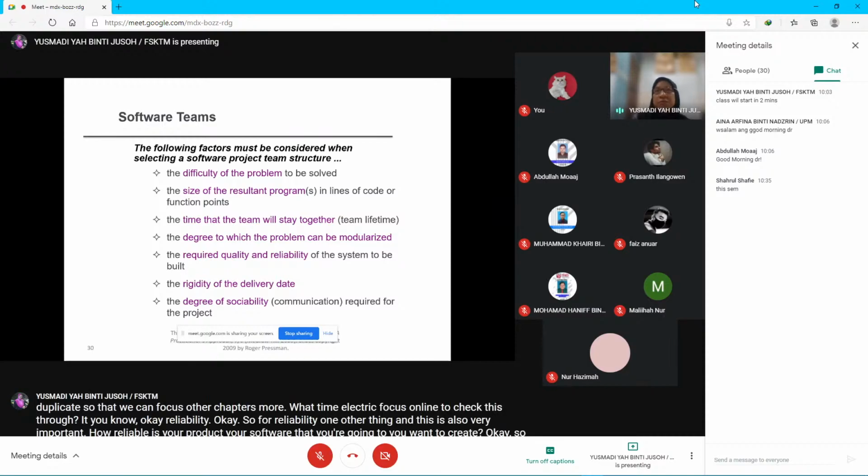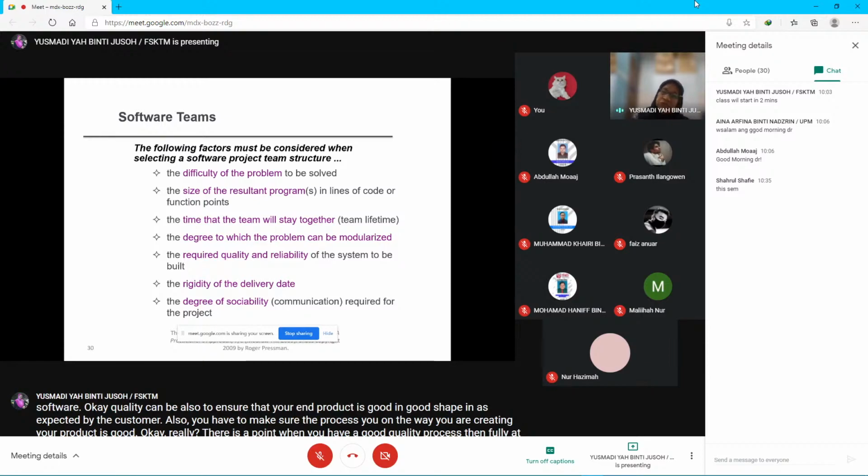Quality is also to ensure that your end product is in good shape, as expected by the customer. Also, you have to make sure the process you are using to create your product is good. When you have a good quality process, then hopefully at the end you come out with a good quality product. So quality here is in terms of process and also in terms of product. Dr. Hafiz will mention it in detail later.